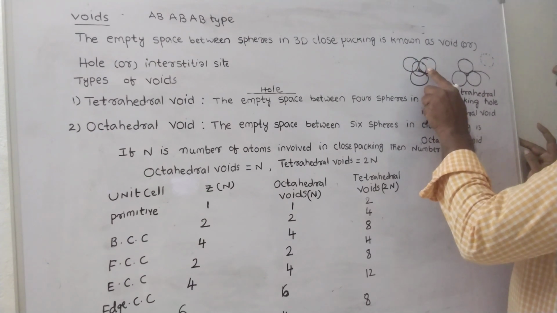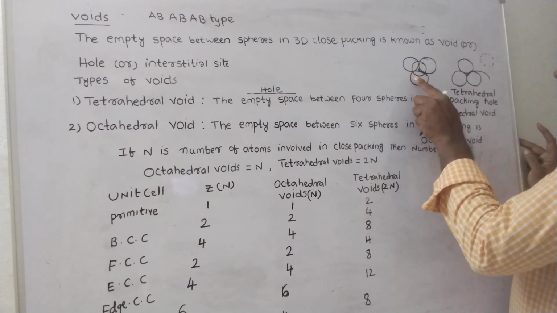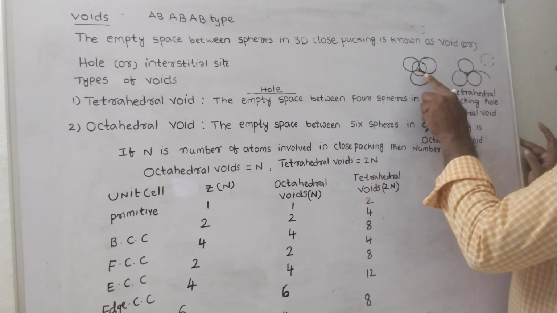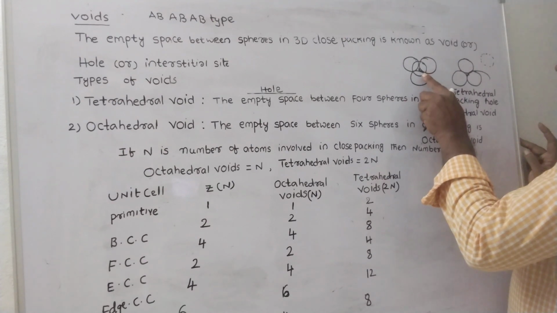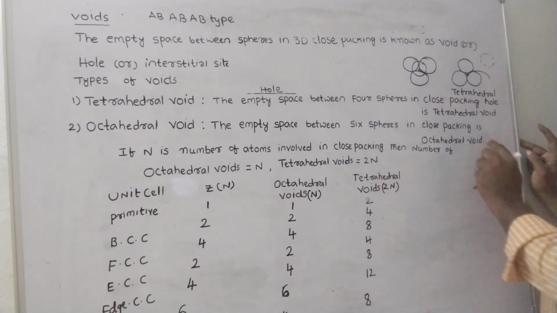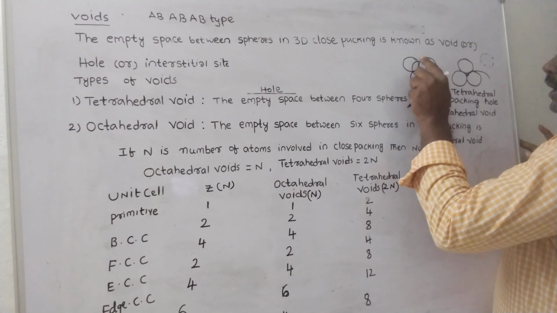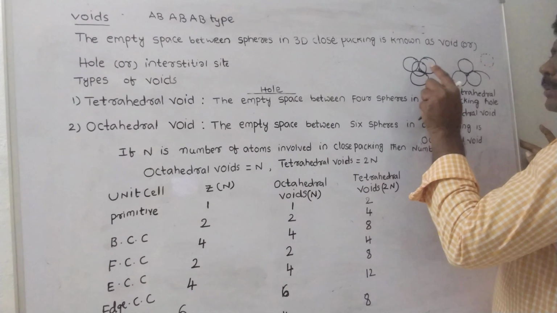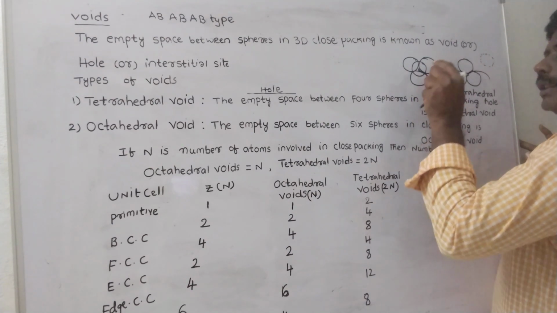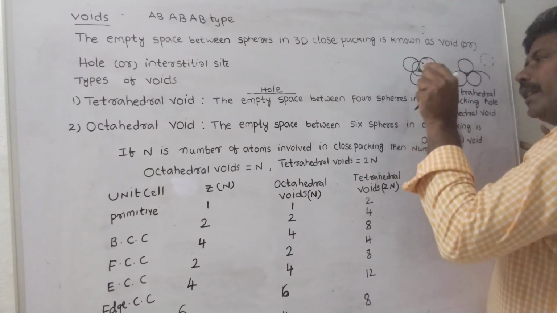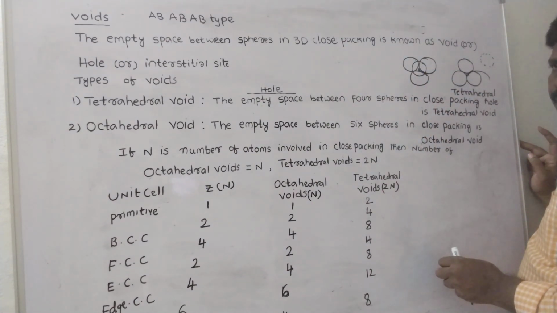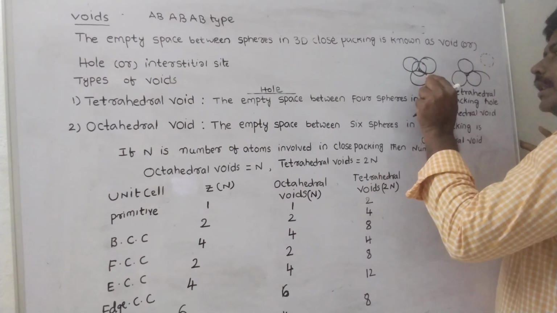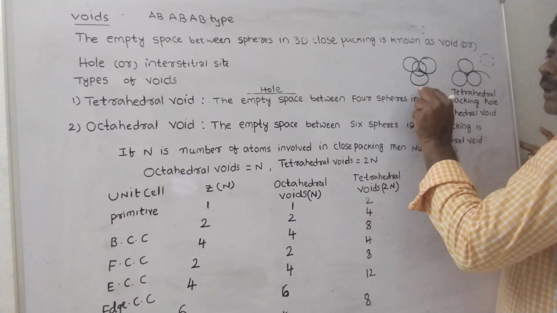Out of four spheres, the three spheres are in the lower layer and the other sphere is in the upper layer. The four spheres are in contact with each other, so some empty space is observed. That empty space is known as a tetrahedral void. This is one representation of a tetrahedral void.